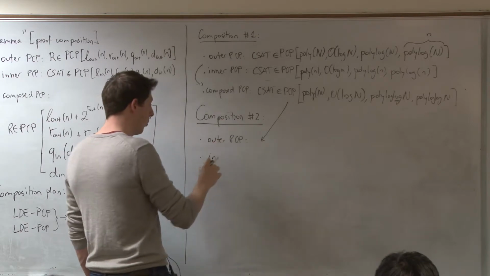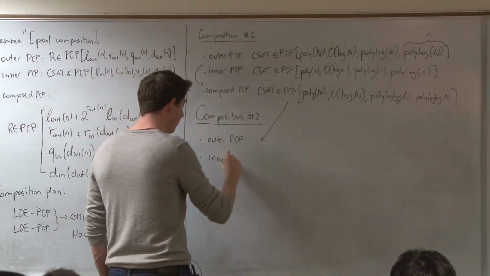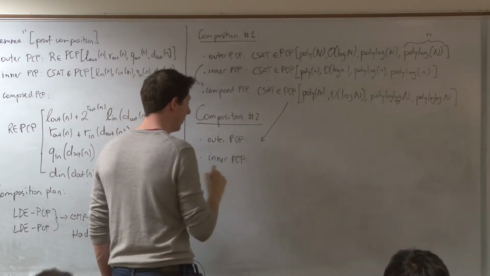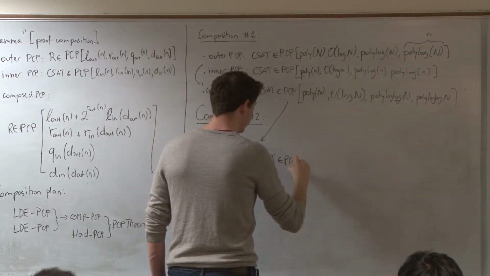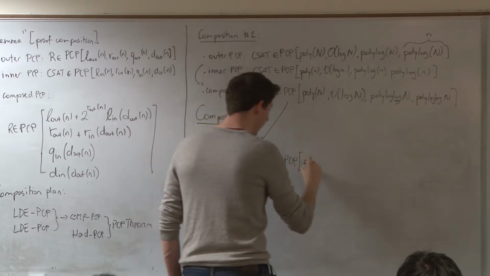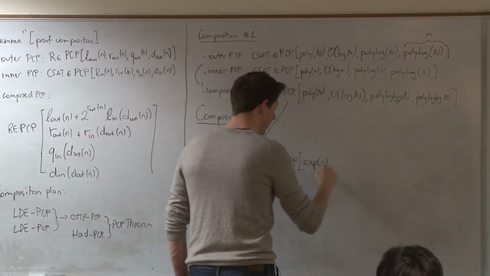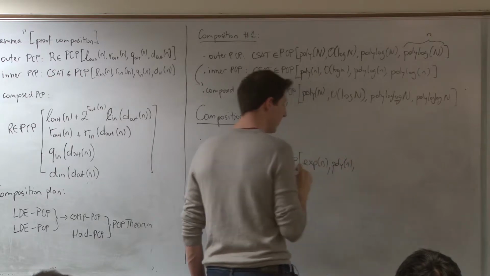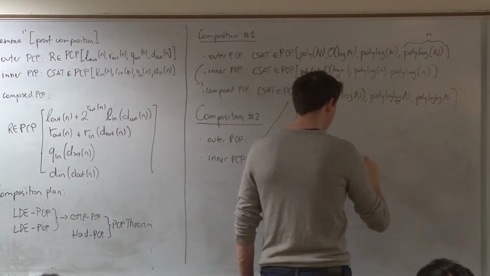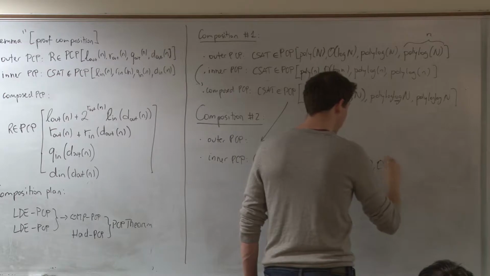And why is it the outer one? Because for the inner one, we finally want to pull out our exponential size PCP, which means that we have exp small n, poly small n, O of 1, and O of 1.